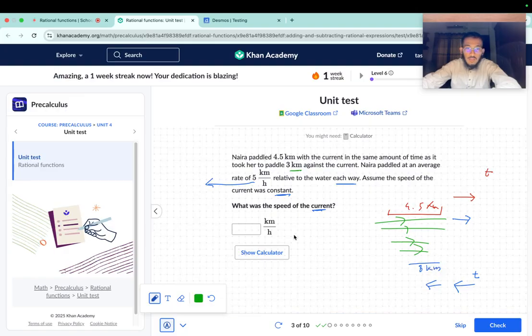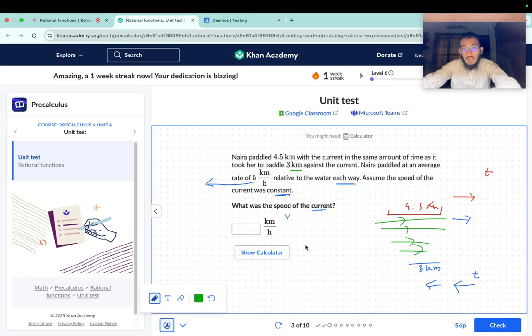So we don't know the speed of the current, but we know that it is constant. So let that be v. But we know that speed equals distance divided by time. And let's consider this motion when she was going in the same direction. So the kilometers is 4.5, and we also know the time.